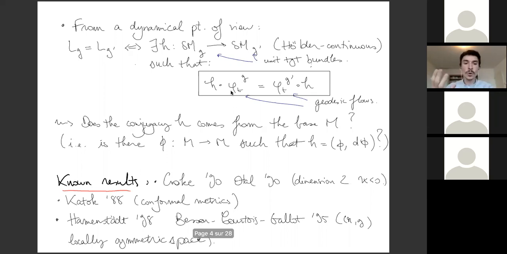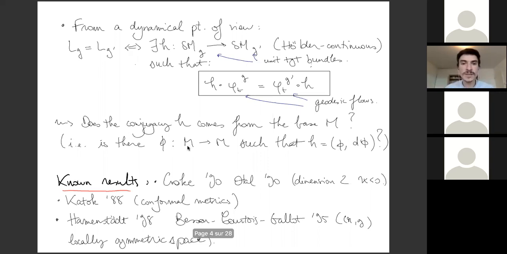And then the question is, does this conjugacy H come from the base M? In other words, is there a diffeomorphism phi from M to M, from the manifold to itself, such that this conjugacy H can be written as phi for the base, and then in the velocity variable, d phi.